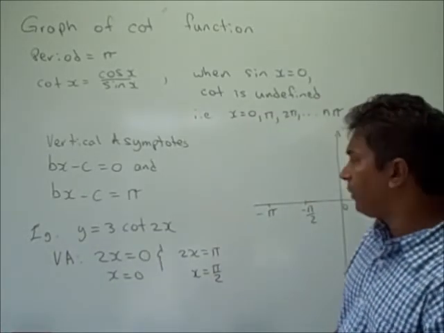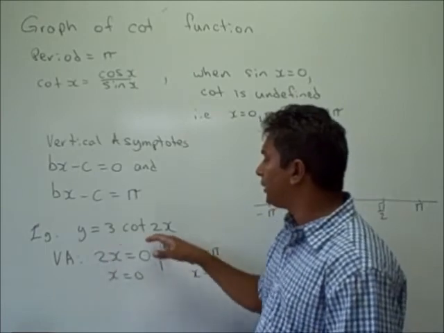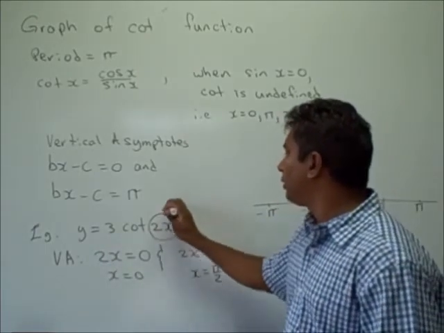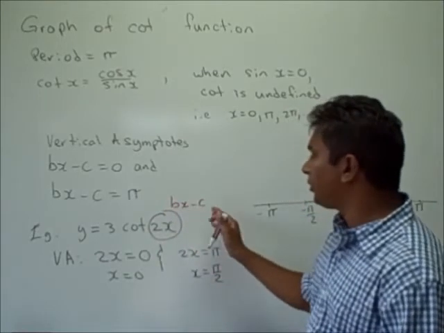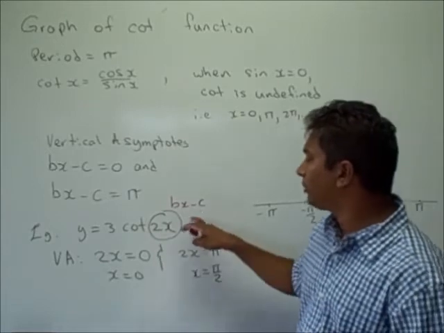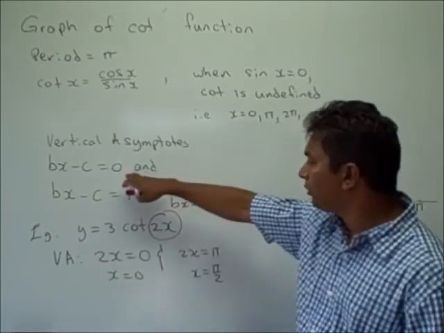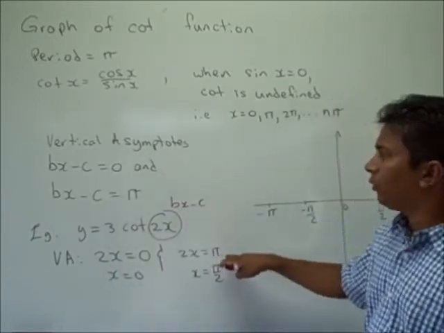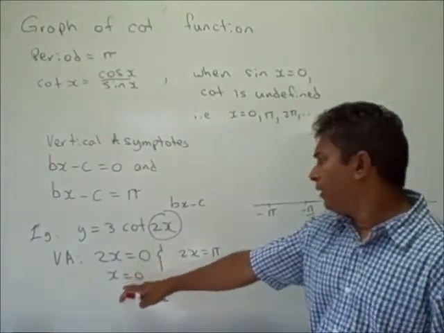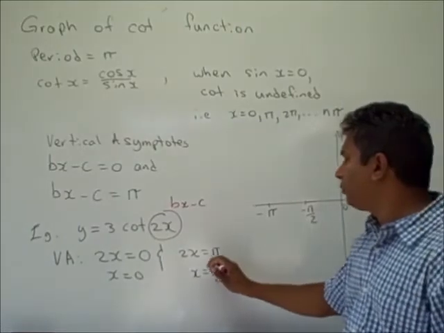Here we're looking at this example. y is equal to 3 cotan of 2x. 2x is our bx minus c, where our c in this case would be equal to 0. So we're going to set our bx minus c equal to 0 and our bx minus c equal to pi. Solving for x, we have x equal to 0 and x equal to pi over 2.